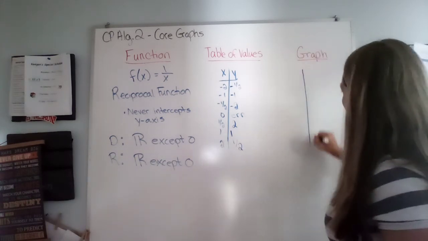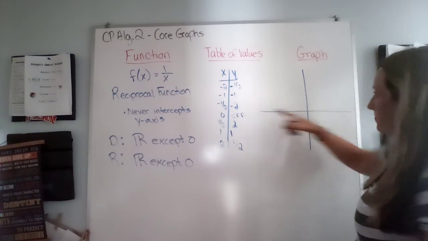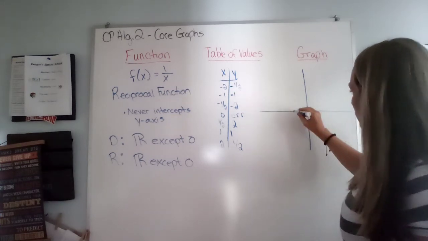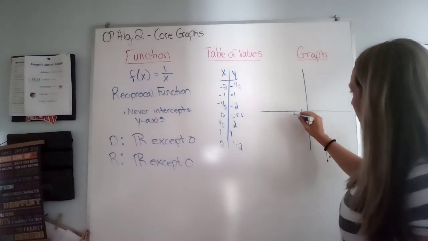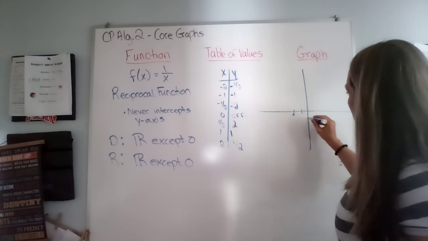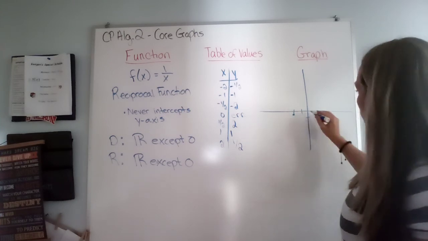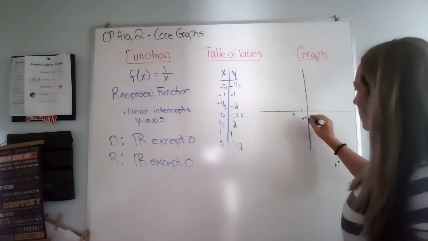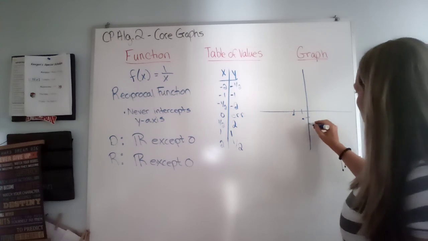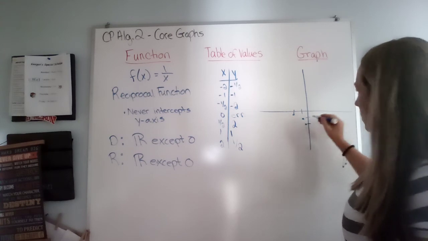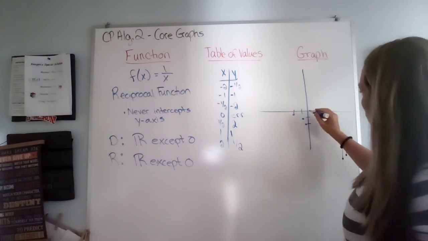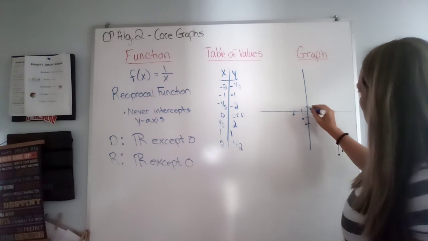All right, so let's take a look at the graph. Plot -2. So you go over 2, down just a half a unit. Then you go over 1, down 1. Then you go over a half a unit down 2. Here you're going to go over a half a unit and then up 2.